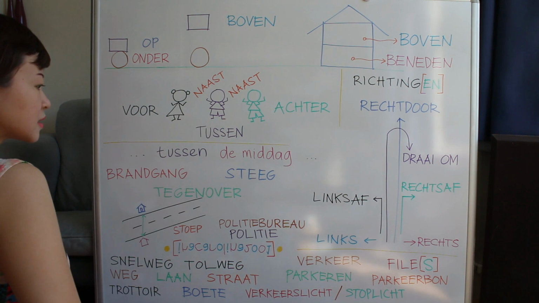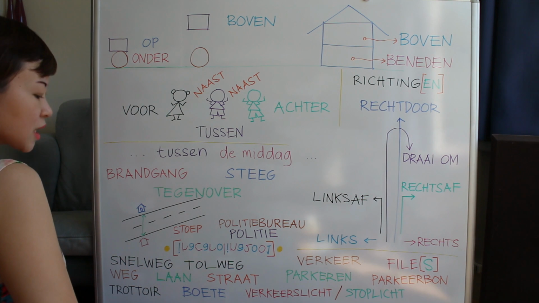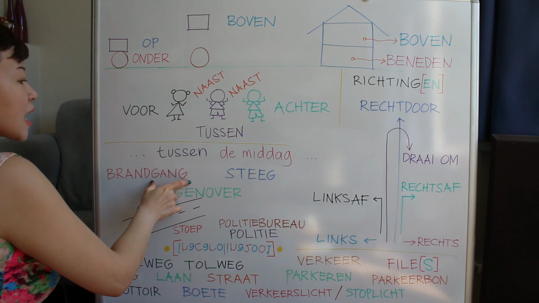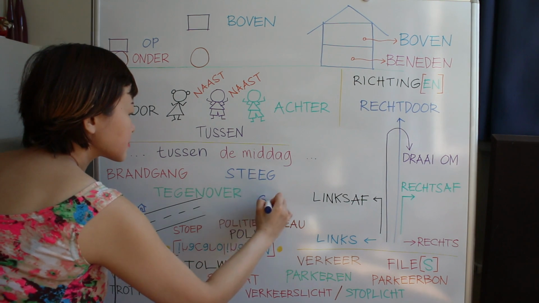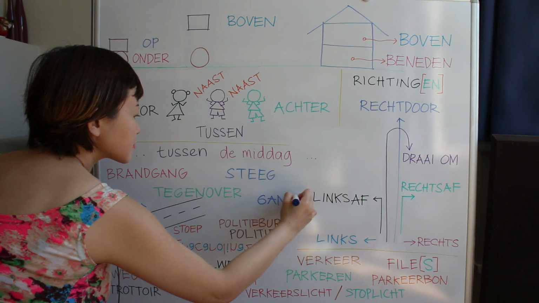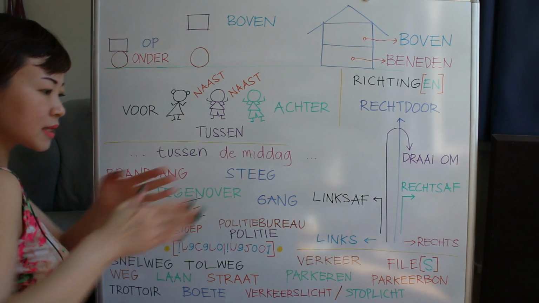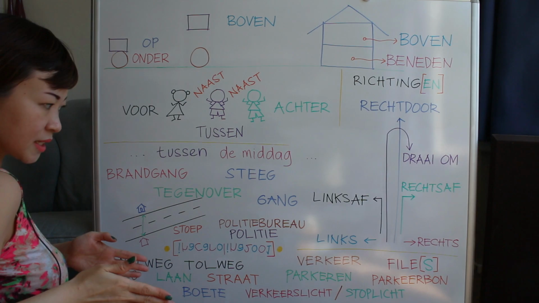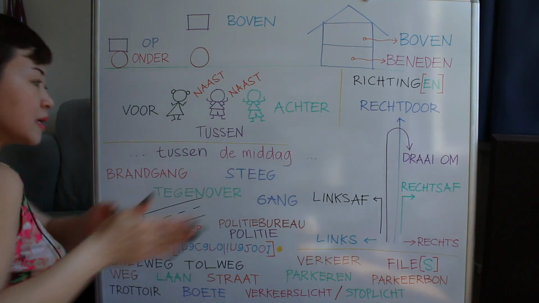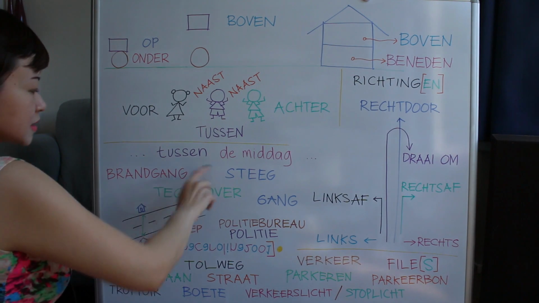Gang is the hallway, but hallway inside the house. If we say gang, it means hallway, but hall inside the house or inside the building. Hall, gang. If you want to say alley, it is steeg.